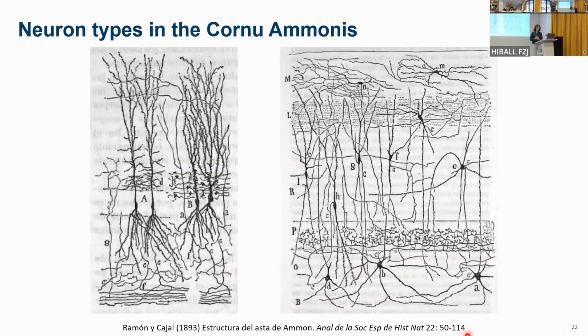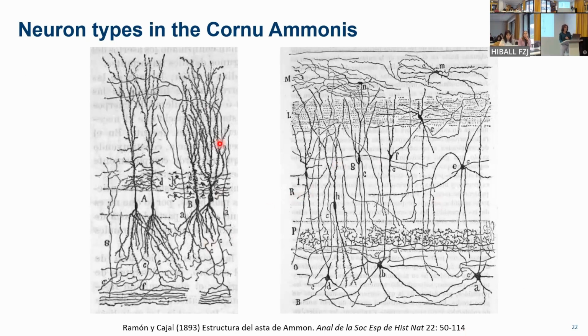And the different types of cells that we can find within the cornu ammonis, an example of the number of cells that you can see, dates back as far as 1893. I mean, we're going back into the 19th century now, okay? So we've known for a long time that there are other cells in these layers and not just dendrites. And these are drawings that were made by Ramon y Cajal.